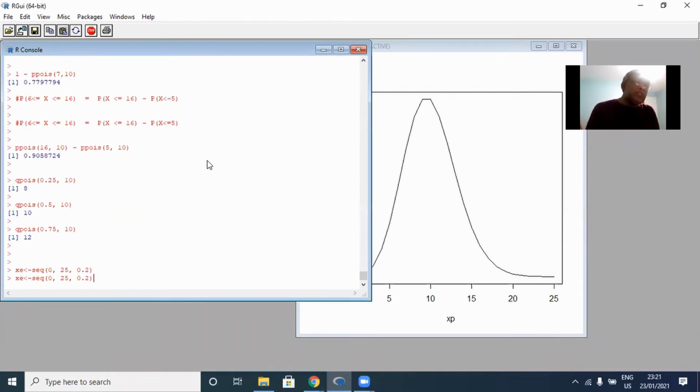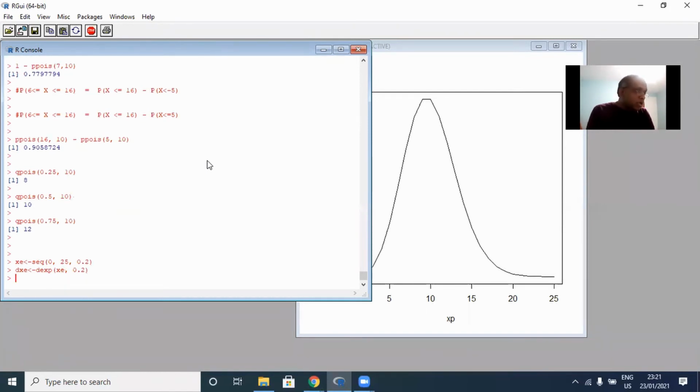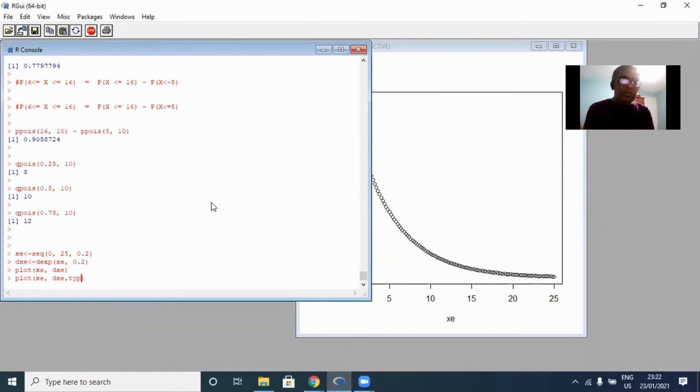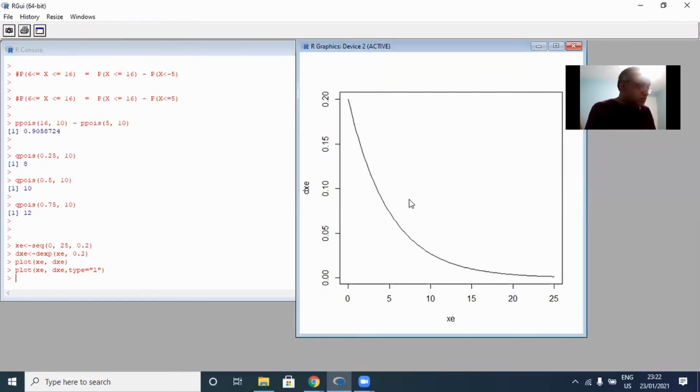Then you need to compute the density of the exponential. Let's call it dxe, d exponential at xe with the rate parameter equal to 0.2. And then you plot xe against dxe. This is the shape of an exponential PDF with rate parameter equal to 0.2. Once again, you can use type equal to l to have a line plot that will look like this.